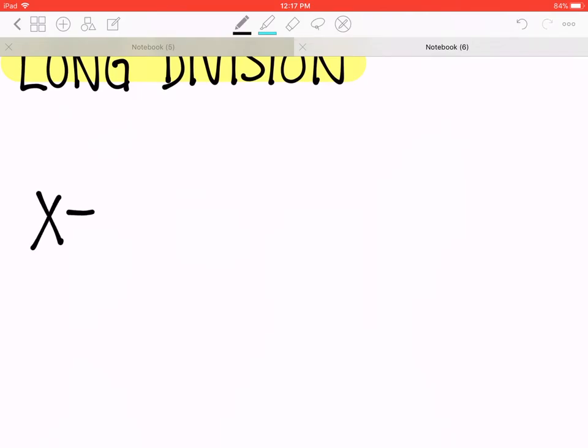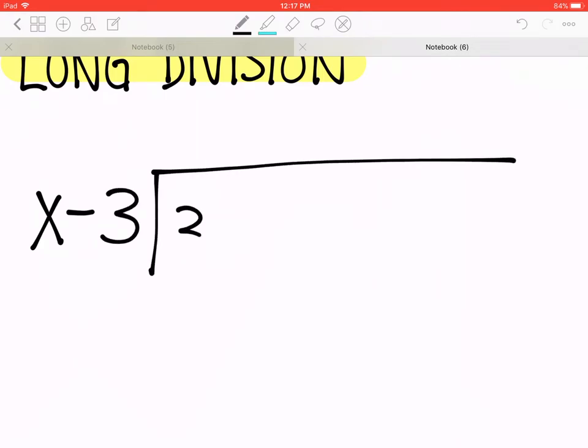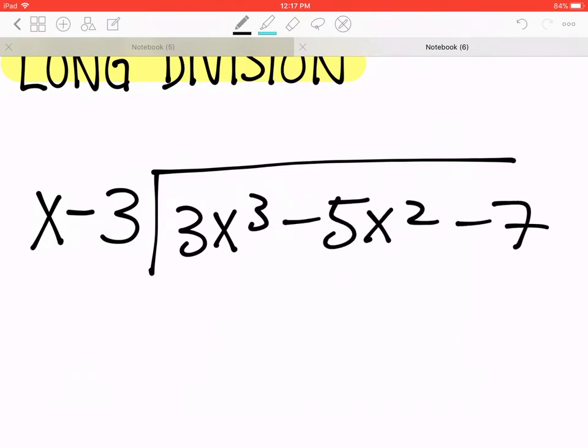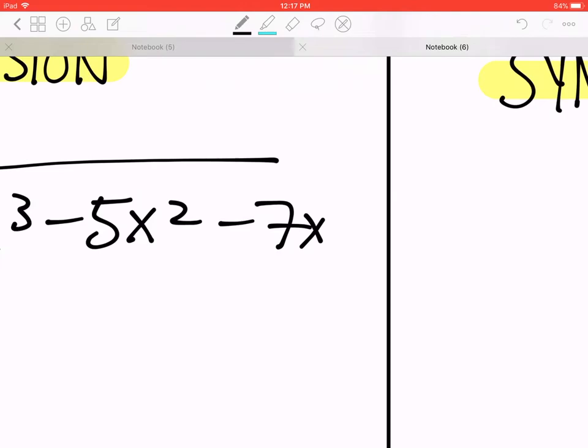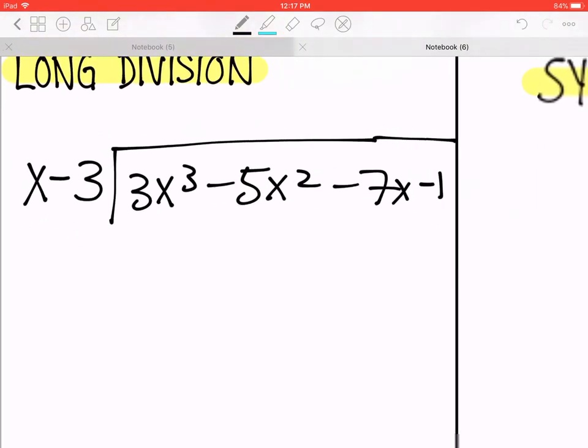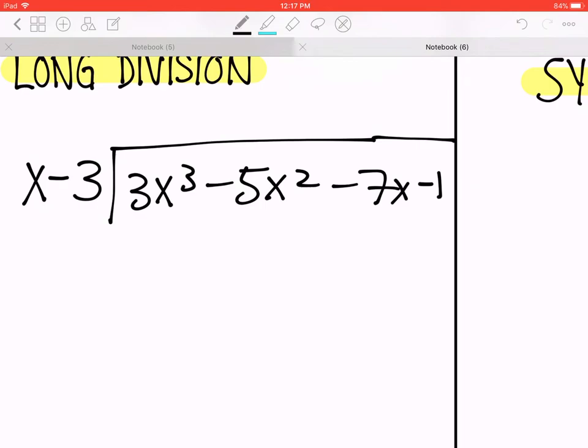We put the divisor over here, and then we put the dividend, which is 3x cubed minus 5x squared minus 7x minus 1, which is a bit of a squeeze, over here. First, we want to see what x has to multiply in order to create 3x cubed, the first term here.